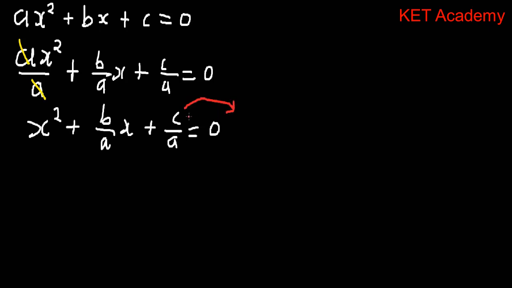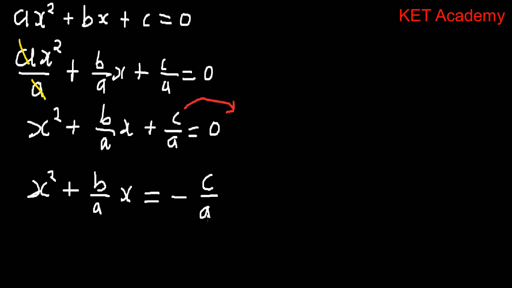We can either subtract c on a from both sides, or we simply carry it over the equal to sign, noting that the sign of the constant term c on a will change since it has crossed the equal to sign.